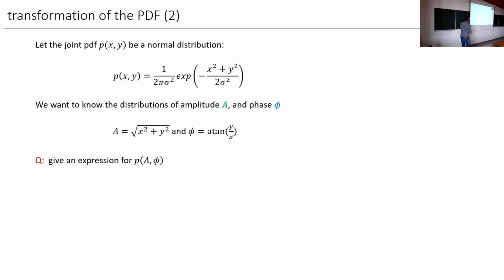So, for example, let the joint PDF be a normal distribution. P of x and y is this normal distribution in x squared plus y squared, with some width sigma. We want to know the distributions of amplitude and phase, where amplitude is the square root of x squared plus y squared, and phase is the arctangent of y over x. The expression for P of A is then just like I said on the previous slide: multiply this one with A and substitute.